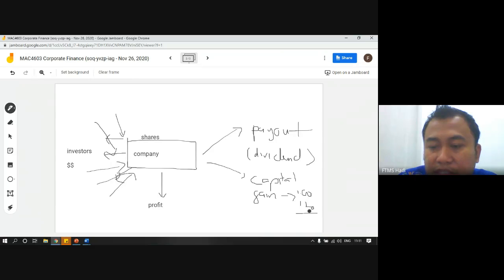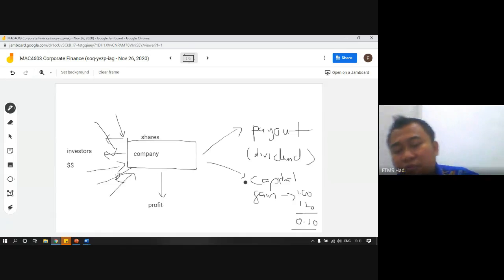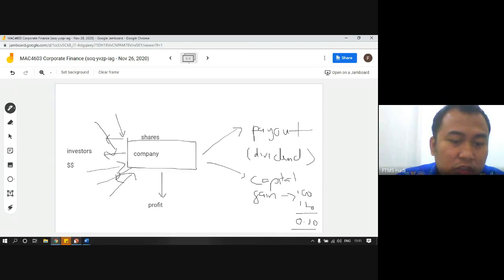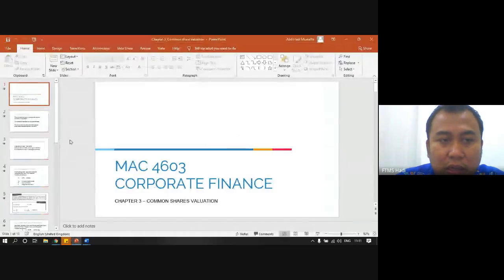The difference between the selling price of 1.20 and the buying price of 1 ringgit is a profit of 20 cents. That is how investors can enjoy their return on investment from purchasing shares. In terms of dividend, which is payout, a company will give some free bonus or free extra shares, and capital gain is in terms of the share price increasing, from which the investor will get profit. I hope you can understand the concept here.